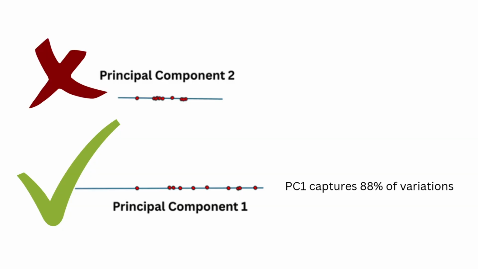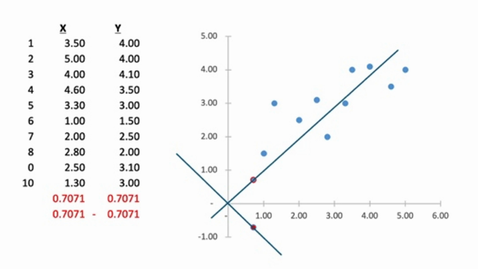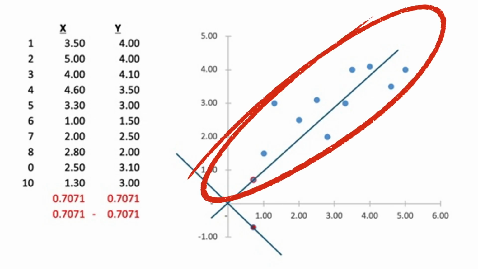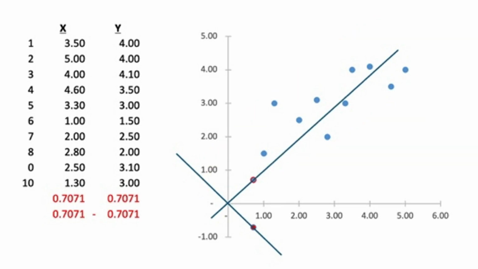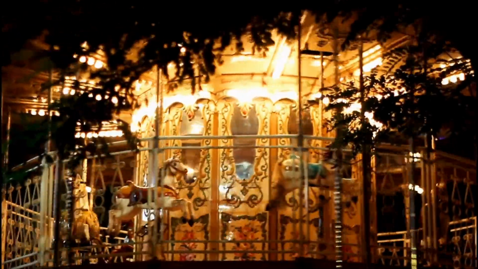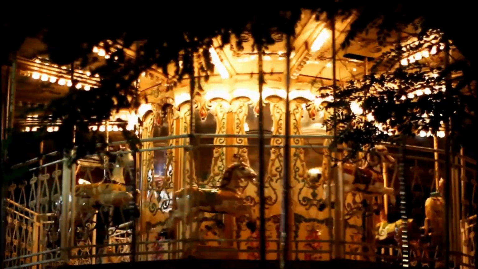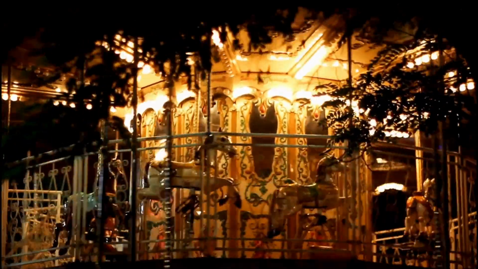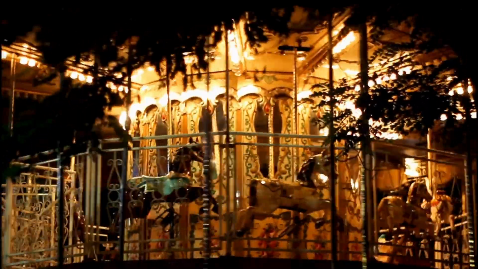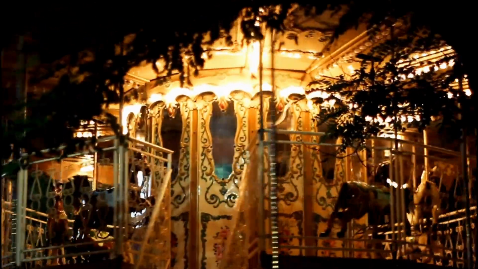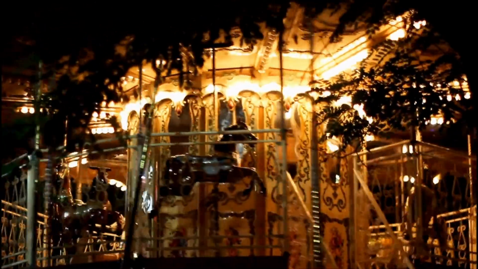Alright, one final note. Notice that the principal component can be thought of as a rotation of the original coordinate system without changing the cloud of points in two-dimensional space. Think of all the points of the scatter plot as static horses in a merry-go-round. The merry-go-round can keep on turning and going around, moving all the points relative to the whole surrounding, but they're not really moving relative to each other as they remain fixed within the merry-go-round.